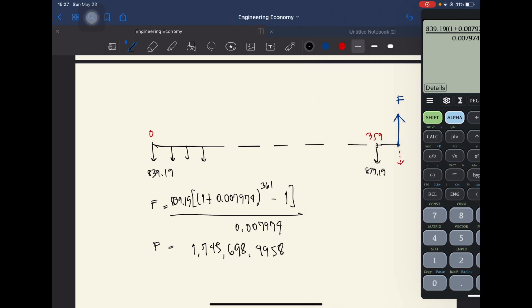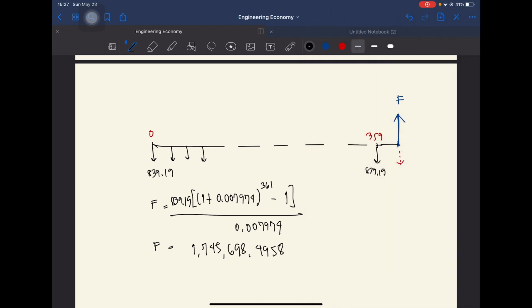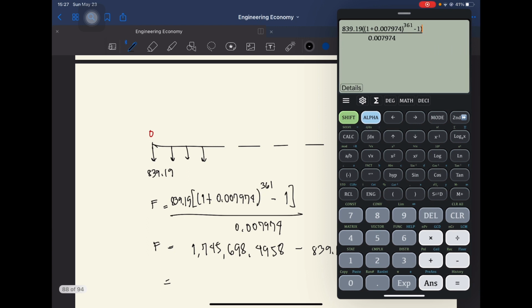Okay, that is your future worth, but you have to subtract yung inilagay mong amount kanina, di ba? Yung minus 839.19 equals, so ang tunay na value is 1,744,859.3058. Ito yung final answer natin.